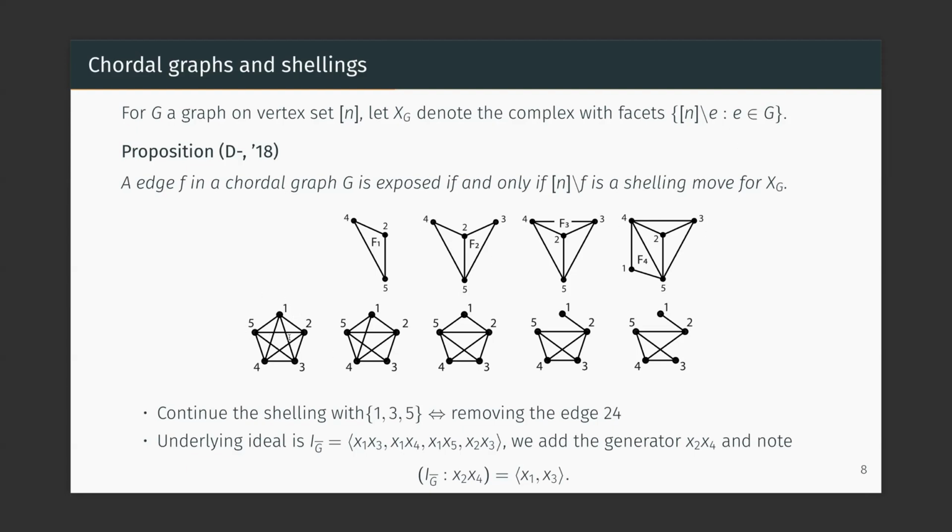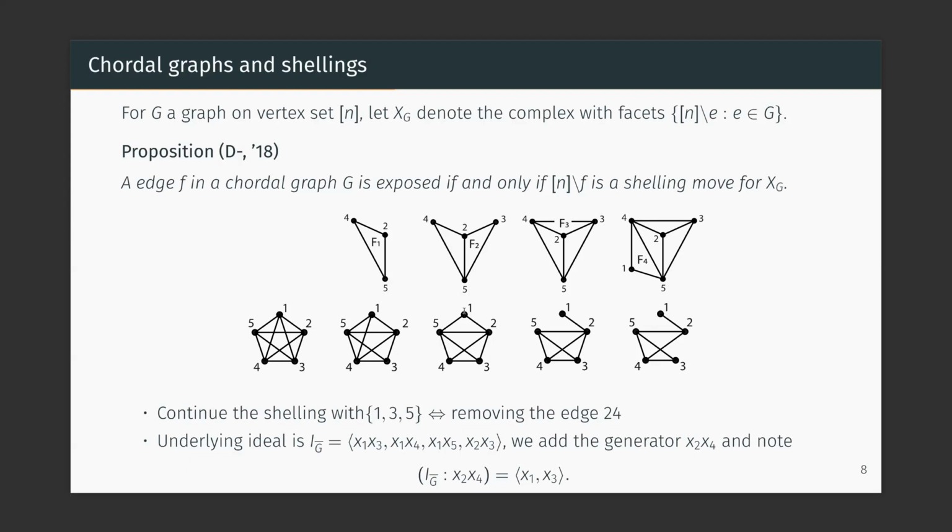On the bottom here, I have these graphs with exposed edges being removed. What I've drawn up here is the complement of the edge that I've removed. In the beginning, I have nothing. I removed 1, 3, and that's the same as putting down 2, 4, 5. Of course, that's a shelling move because it's the first facet.